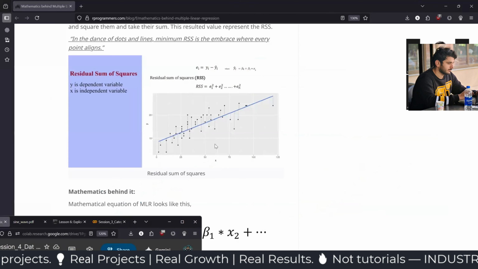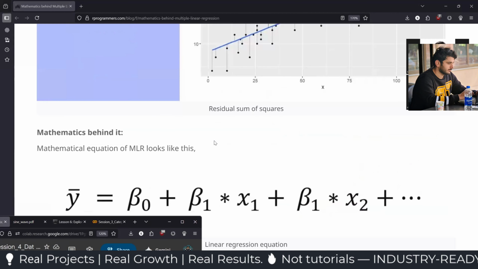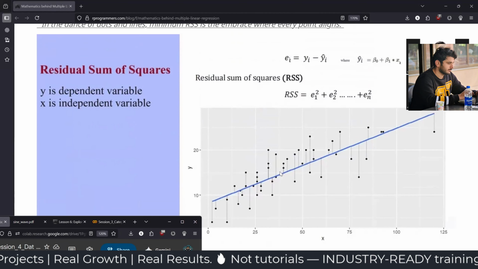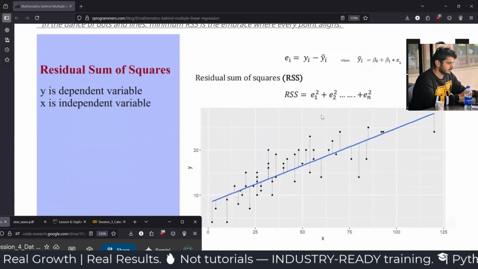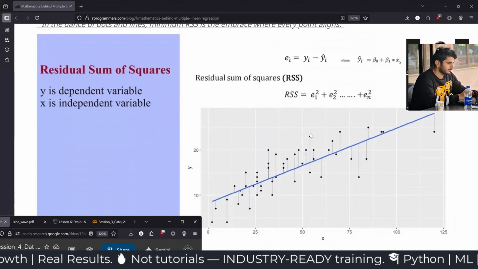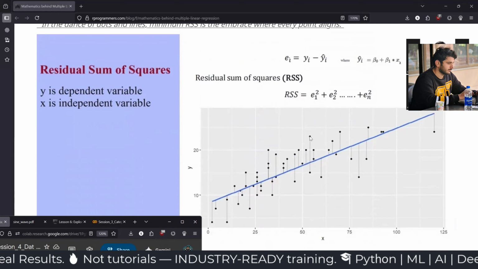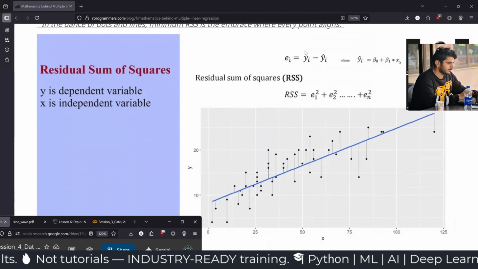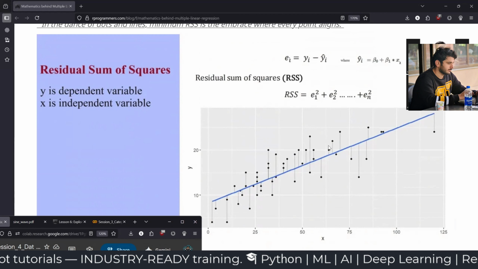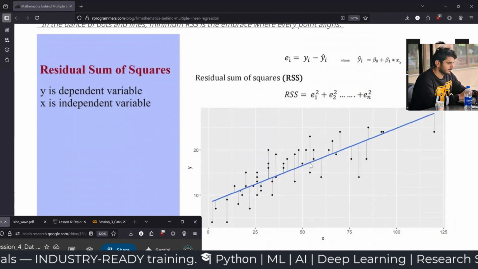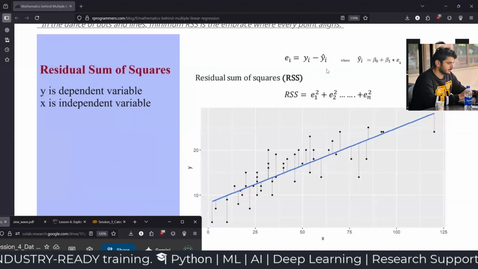For example, if we're talking about this figure, we have all these points. Now the black points are basically yi, and the points where they touch the line are basically yi dash.